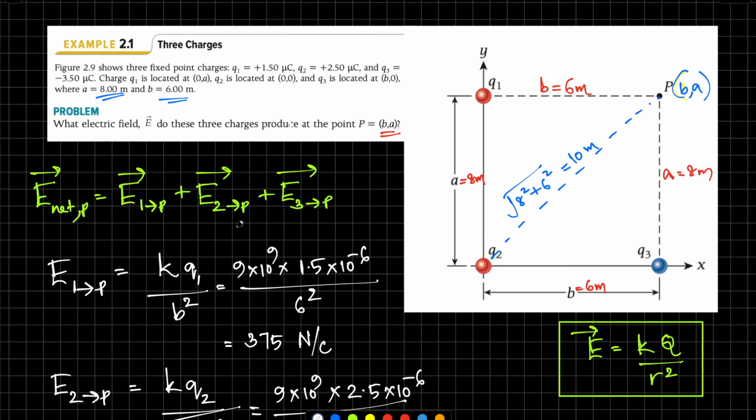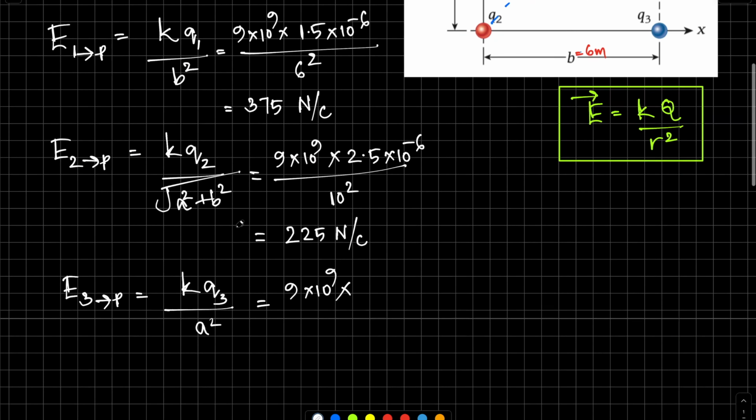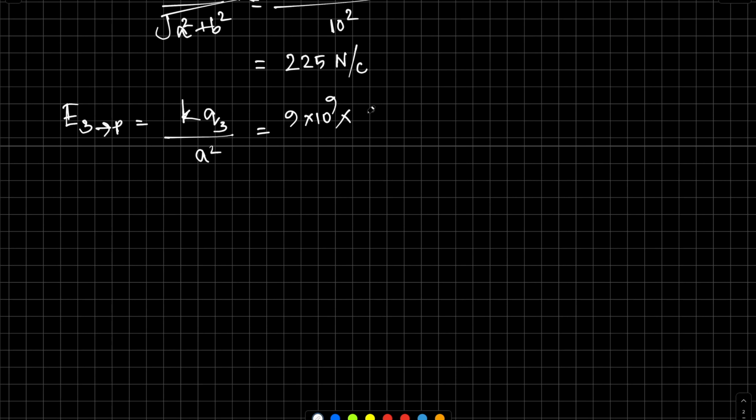We'll consider direction later. 3.5 microcoulomb, so 3.5 times 10 to the power minus 6, divided by A, which is 8, so 8 square. If you solve it, you'll get 492.19 Newton per coulomb.